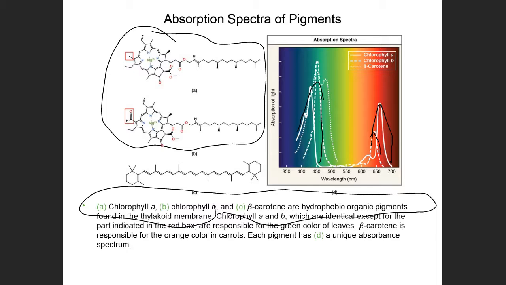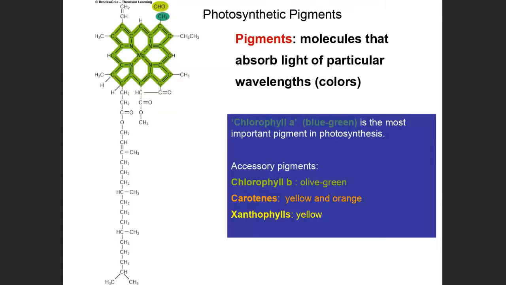So therefore, the major pigment responsible for absorbing sunlight is chlorophyll A, the most important pigment in photosynthesis. I don't want you to retain this picture. Look at how many rings it has, it's very complicated. Chlorophyll A is the most important pigment that absorbs in the purple, blue, and red.